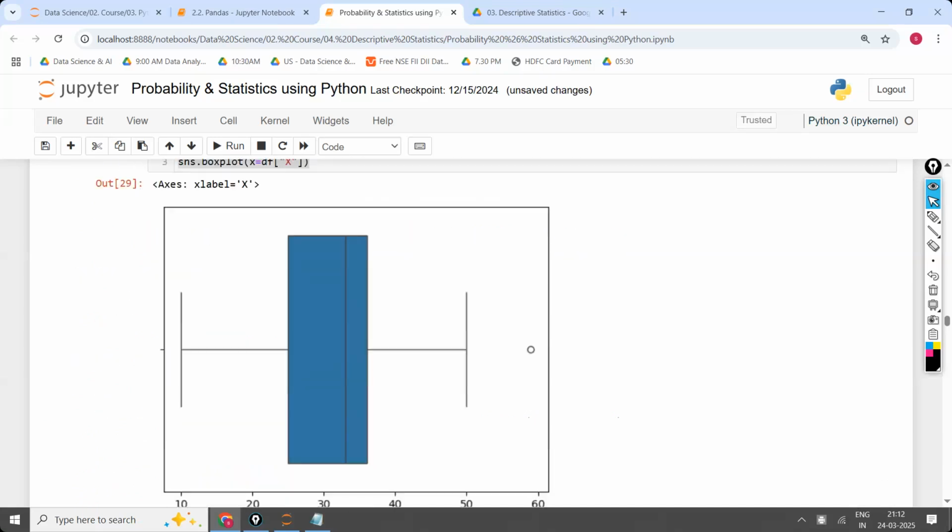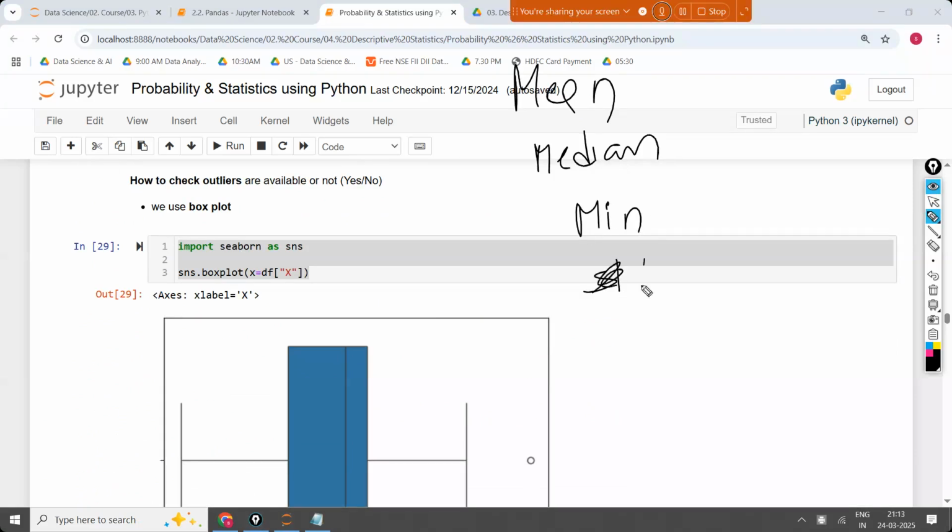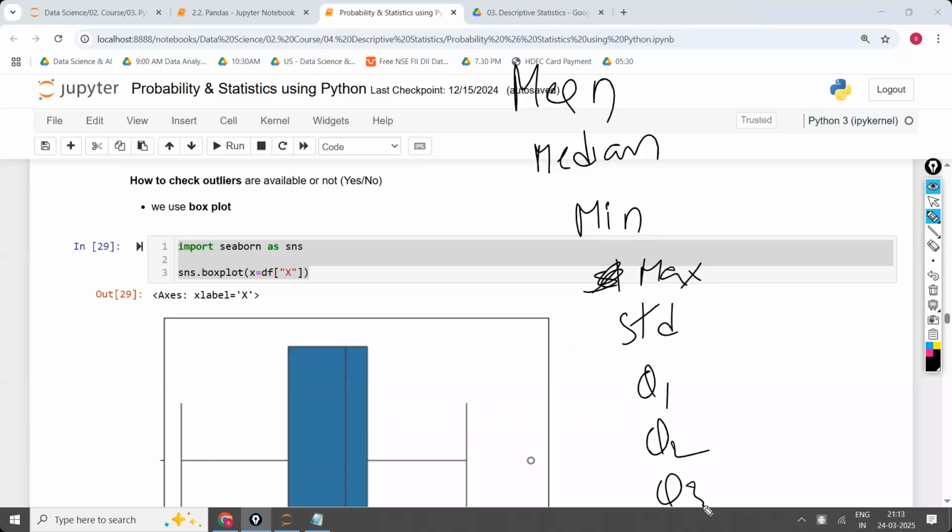Now, in the previous class we learned mean and median for continuous variables. In this class, minimum, maximum, standard deviation, Q1, Q2, Q3. Like this we have done. Q2 and median are both the same, right?